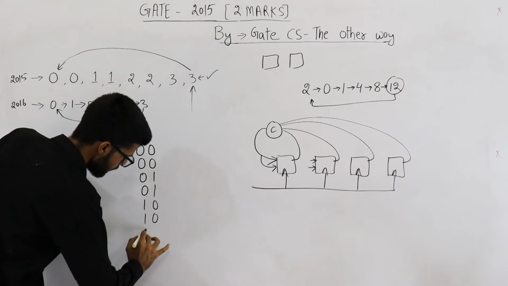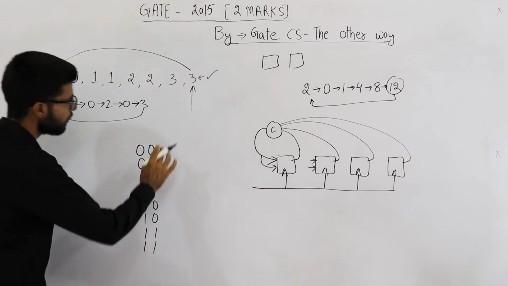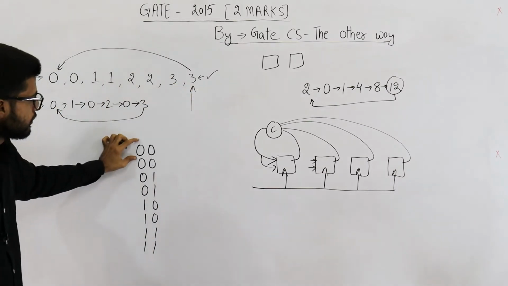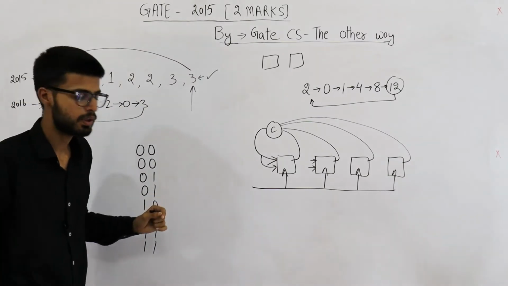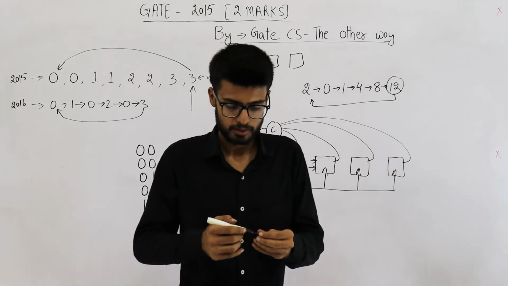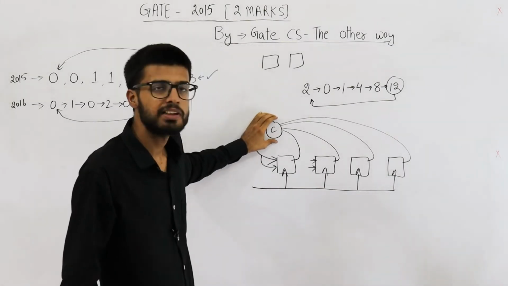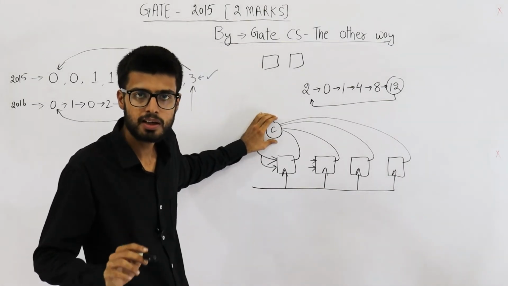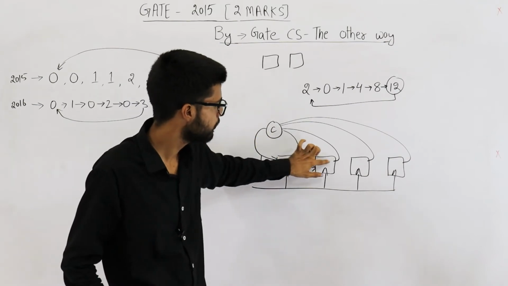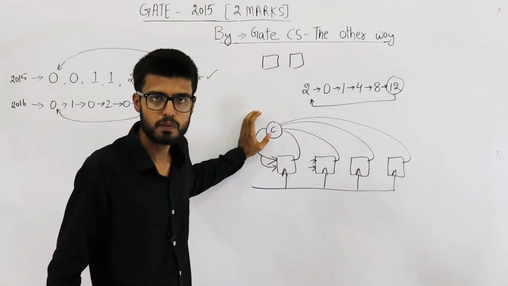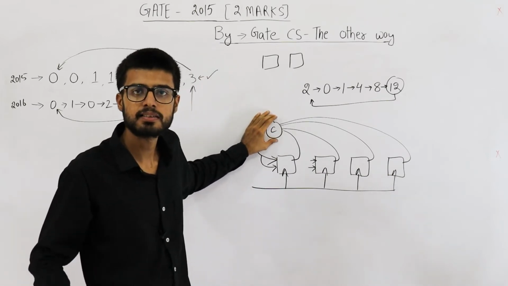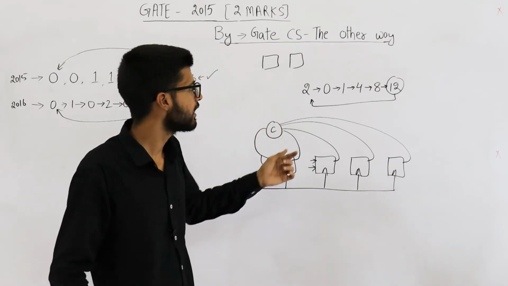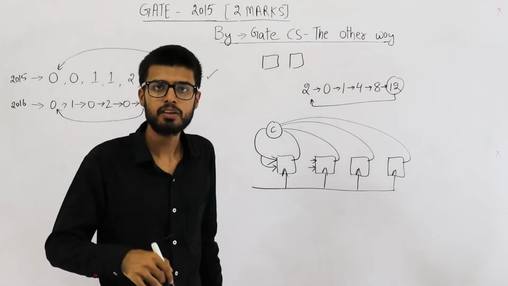I agree that 2 bits are enough to represent all of these states: 0, 0, 1, 1, 2, 2, 3, 3. You can represent this sequence in 2 bits. But this combinational circuit needs to know the current state, which will be given by the output of these flip-flops, and we need to design this circuit in such a way that the next state is already known to us.